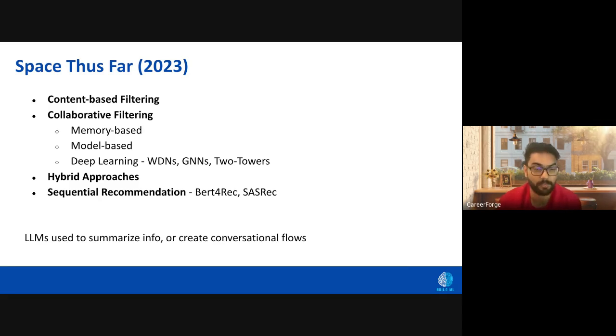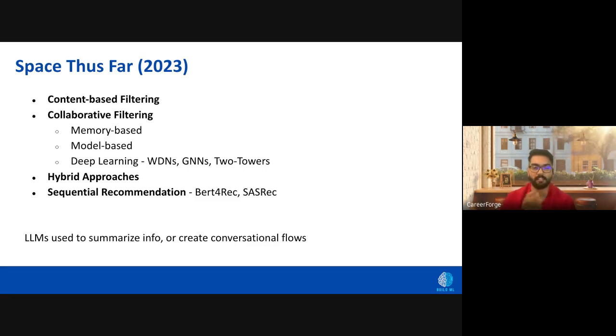Coming into the LLM space and how LLMs have been used in RecSys thus far. Primarily, they've been used to create embeddings. Items usually have a rich title, description, all those things. So creating embeddings and helping make the item embeddings a bit more informative has always been done with normal language models like BERT. LLMs, because they have more world knowledge, have been used to try and improve the quality of those embeddings.